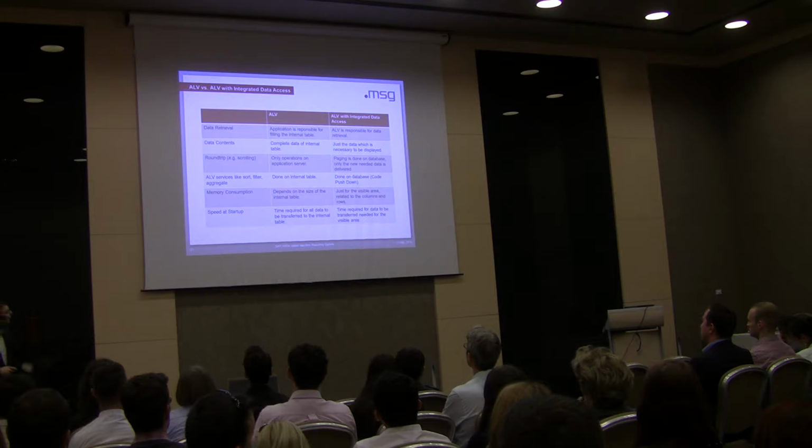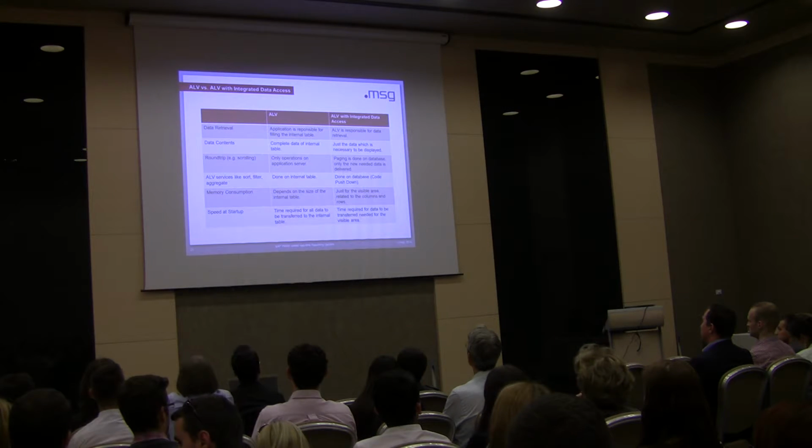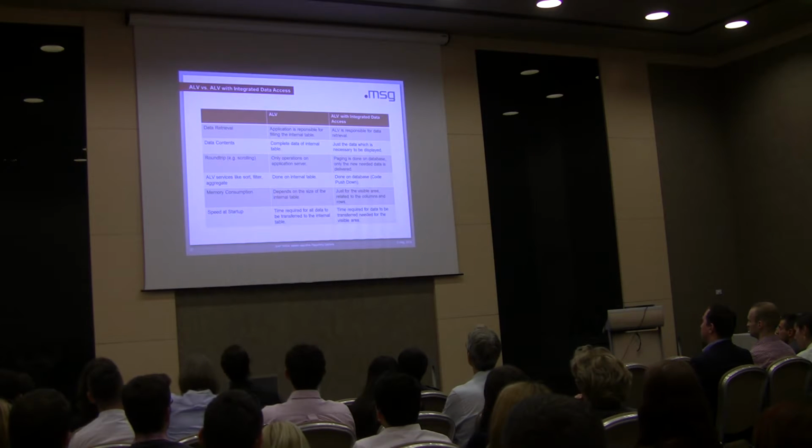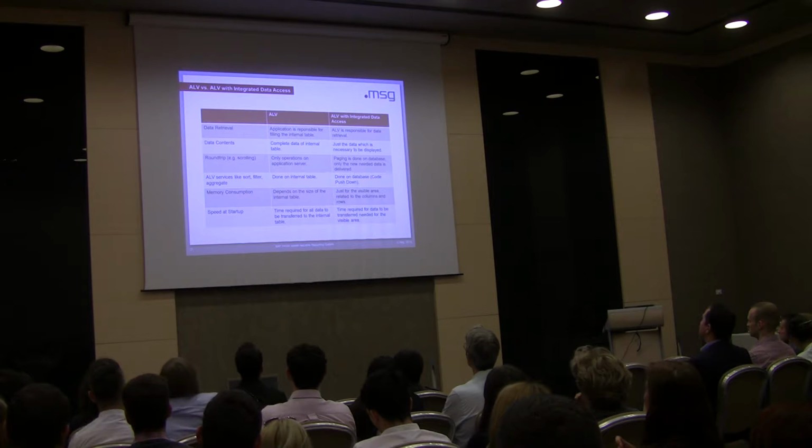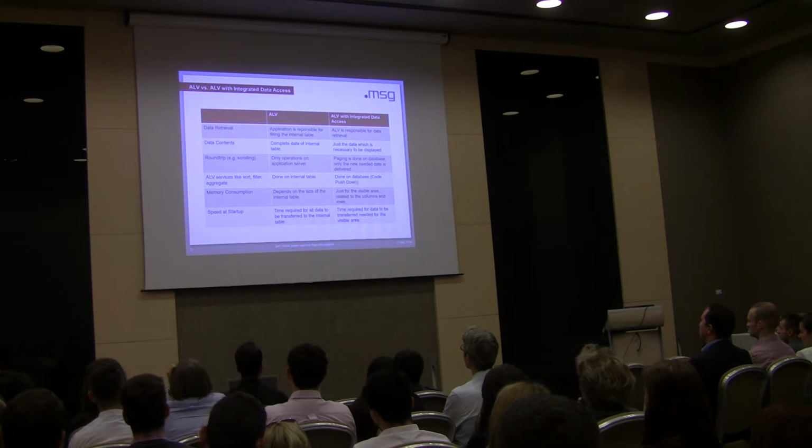If you look at the comparison list between the classical ALV and the new ALV, we have several points to look at. Regarding the data retrieval, as I said, for the classical ALVs the data has to be stored in an internal table, and the internal table has to be filled by other logic. So you really have to program it, make your select, get it to the application server and store it in the internal table.